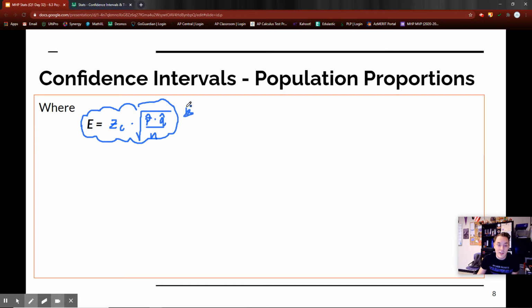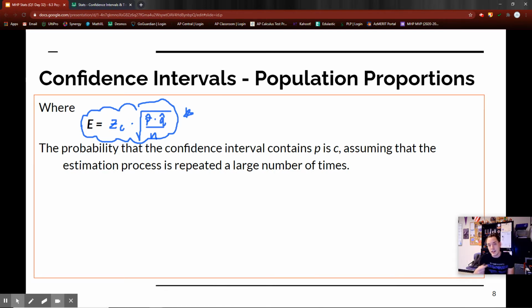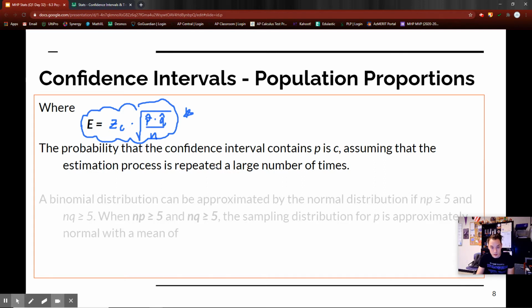We're not going to solve these by hand at all. We're going to go straight to Desmos and solve it all using the calculator. The probability that the confidence interval contains p is your c, so whatever that c value is, 90%, 95%, 99%, assuming that the estimation process is repeated a large number of times, of course.